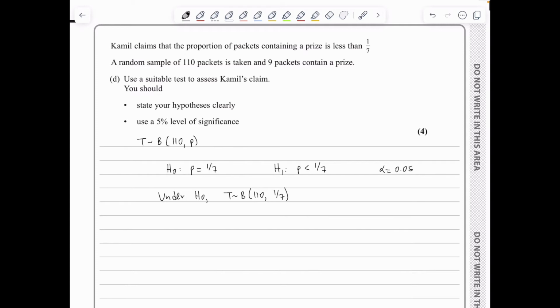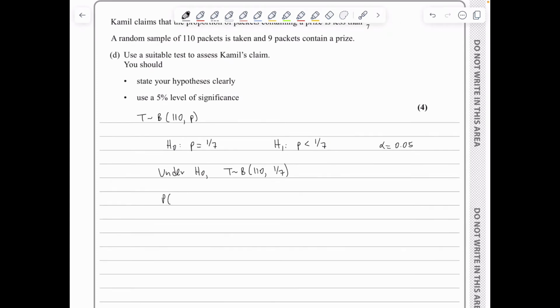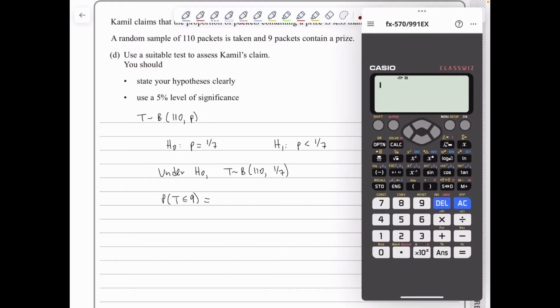We have observed 9 packets containing a prize, so we need to find the probability of T being less than or equal to 9. Remember, we are inheriting the direction from the alternative, and it's always an inclusive inequality because 9 has been observed. So once more, I go on my calculator, menu 7, go down, option 1, variable, my x is 9, my n is 110, and my p is 1 over 7.